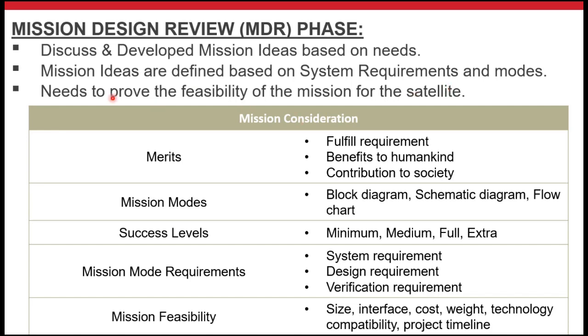And then in this phase, MDR, it is the phase where we prove the feasibility of the mission for the satellite that we use. If it is for 1U, how do you prove that the mission is feasible enough for that size of CubeSat in terms of communication, in terms of power utilization, in terms of the dimension, the mass, and everything. Okay, so these are the considerations in the report.